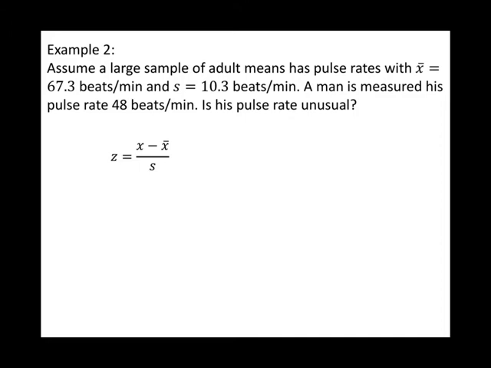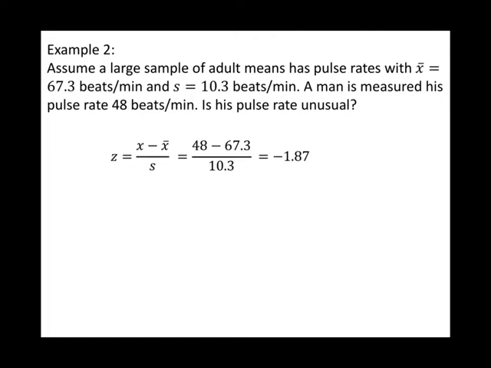Okay, first step, plug into the formula and determine your z-score. Okay, plug it in. You should get negative 1.87.